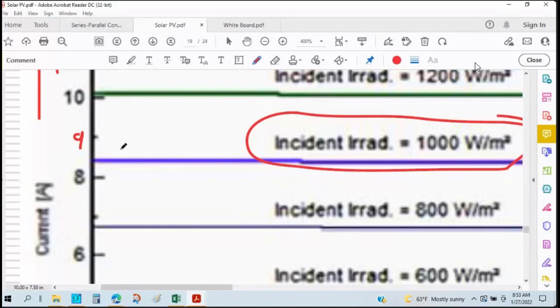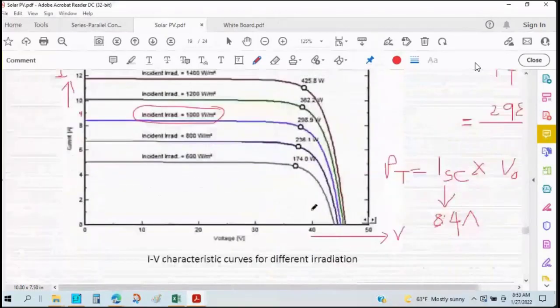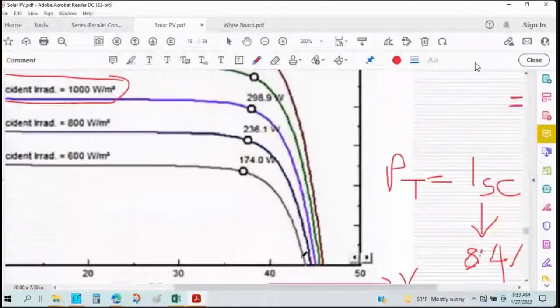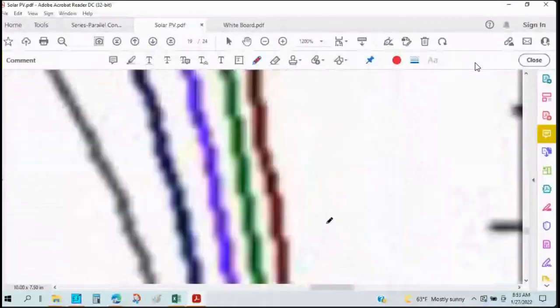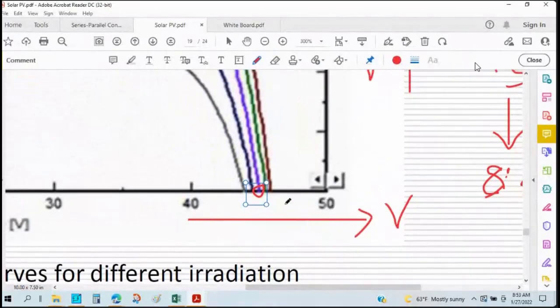So what will be the value of open circuit voltage here for this particular curve? We have to consider the middle one. 45, sir.